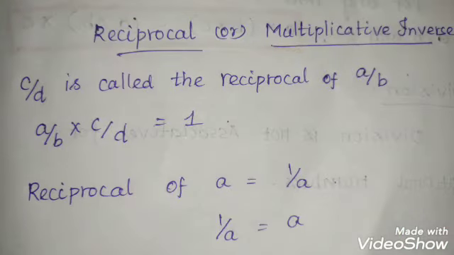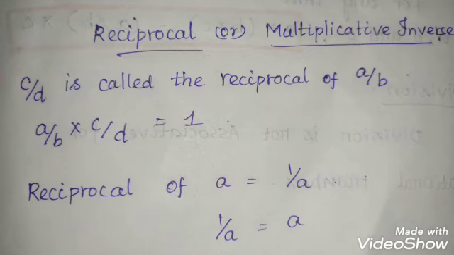This is reciprocal or multiplicative inverse. In inverse, two things. One is additive inverse. Here this is multiplicative inverse. C by D is called the reciprocal of A by B. If you are taking any rational number C by D, that is reciprocal of A by B means A by B into C by D equal to 1.